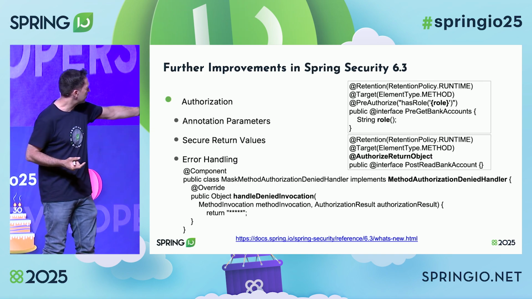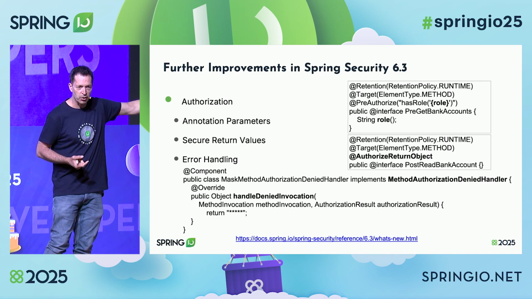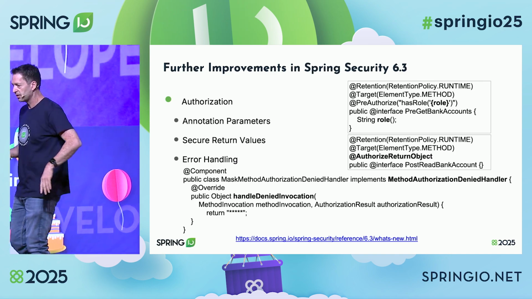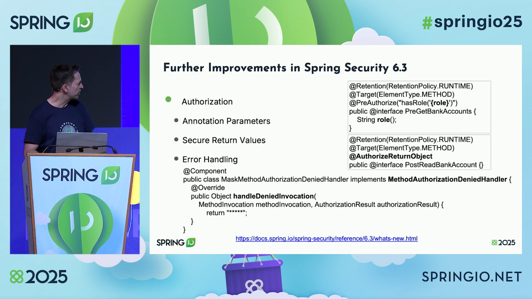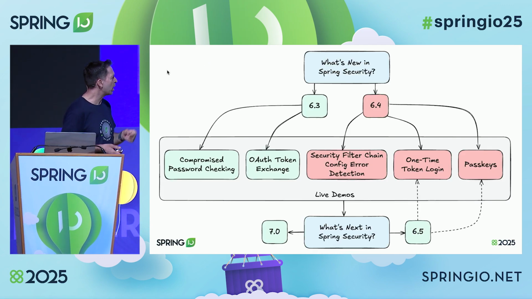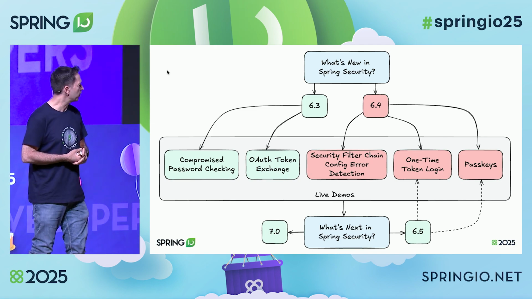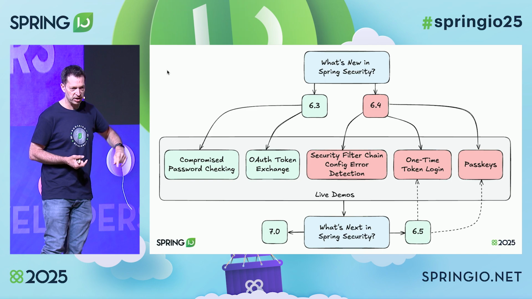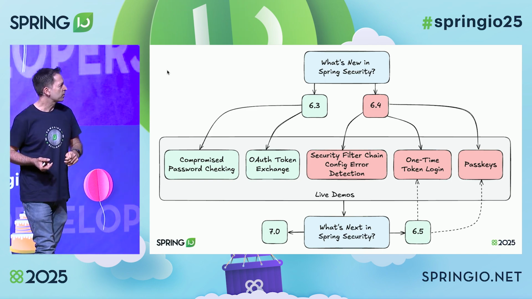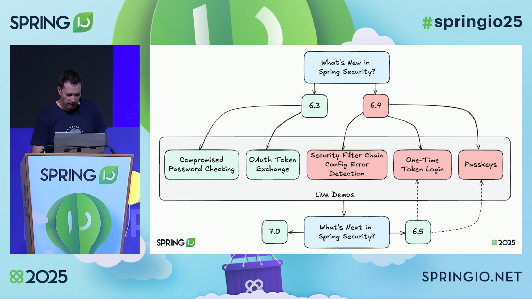And also the authorization denied handler implementation, to mask out fields basically. So that's a great thing that you can do starting with 6.3. So 6.4 added some more things like the security filter chain configuration error detection, the one-time token login, and the Passkey authentication. So three big, at least two bigger additions.